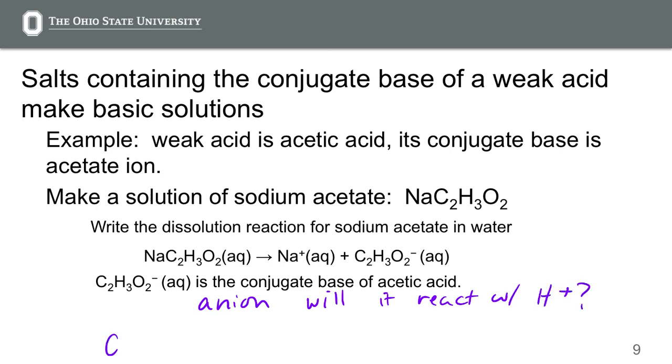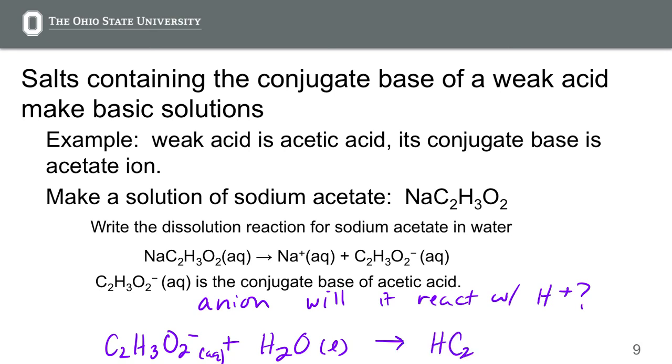So essentially what we're saying is if we take our acetate, C2H3O2 minus, and water, will we form HC2H3O2 and then OH minus? And the OH minus is coming from the water. So we've taken one of the protons from H2O, reacted it with the acetate ion, and we're left with OH minus.